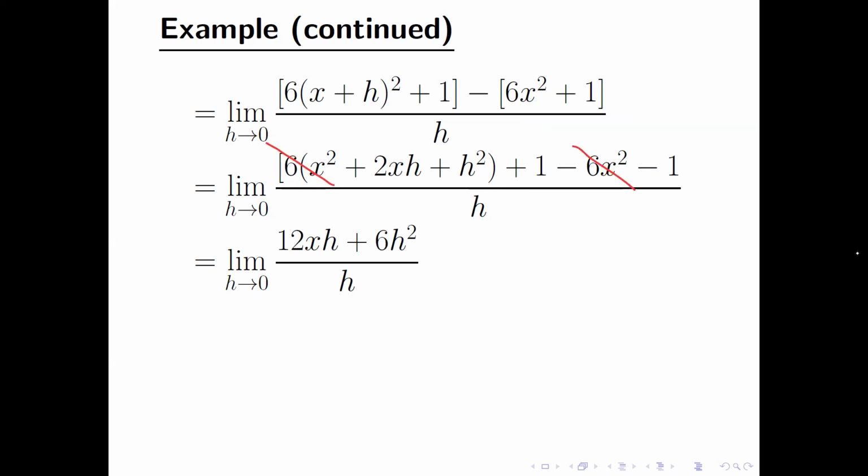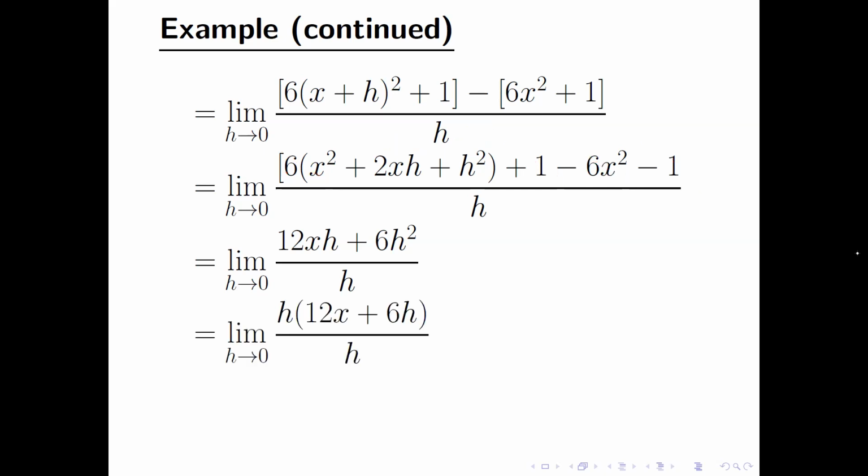And 6 multiplied by 2xh gives you 12xh, and 6 multiplied by h squared gives 6h squared. You will be left with 12x multiplied by h plus 6h squared in your numerator.